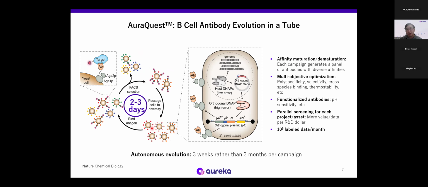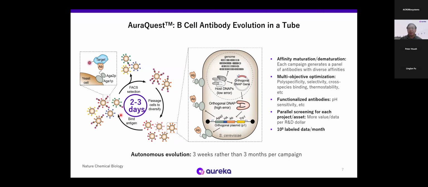During that time, we introduce an error-prone DNA polymerase so that we facilitate mutation inside of these yeast cells, and then we are facilitating the evolution of the sequences. After that, we express it and do the screening over and over again.